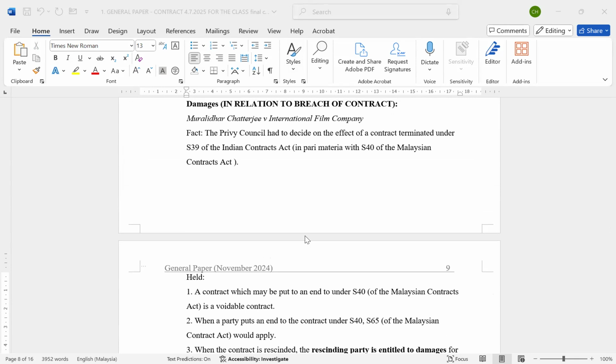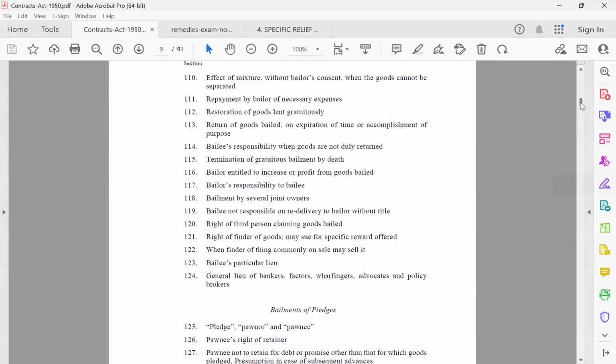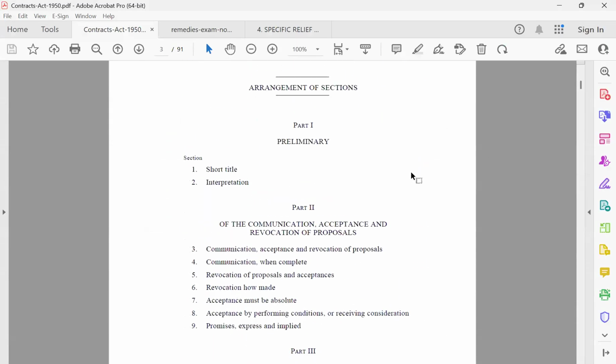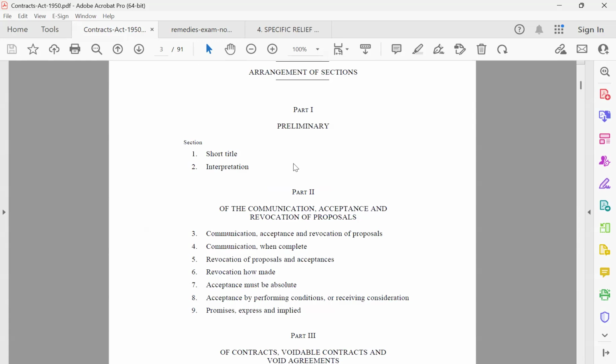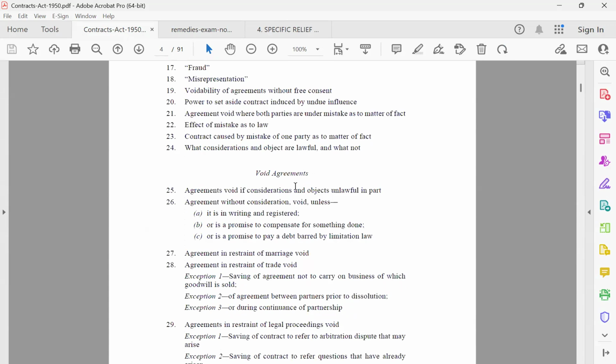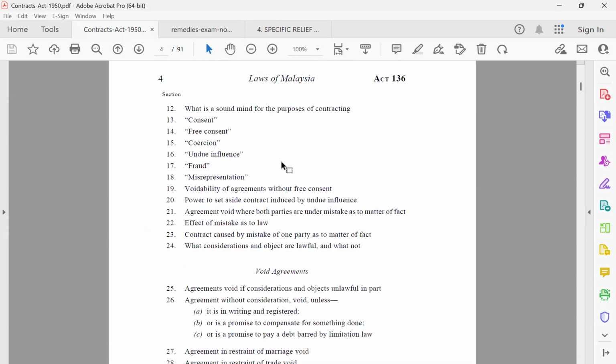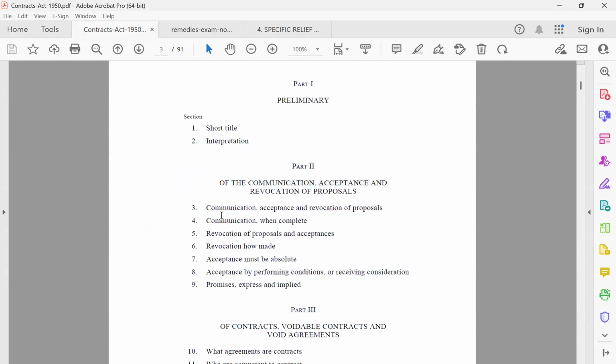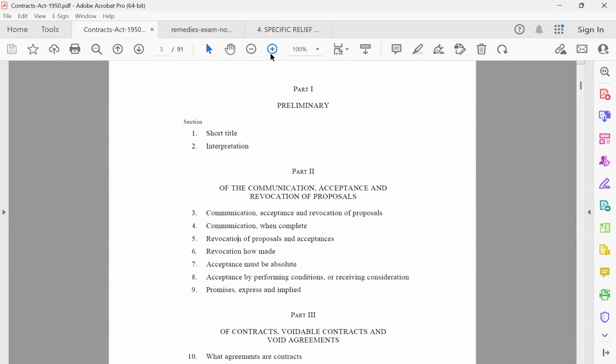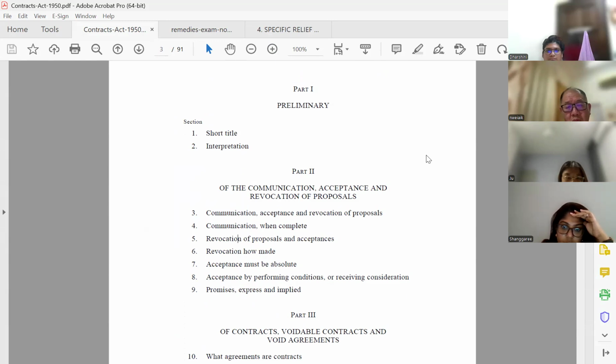If you digest your Contracts Act, let me share the Contracts Act. If you look at the important sections, see, it is divided into parts, isn't it? The drafter, the person that drafted this contract law, will let you know first the way you enter into a contract, how you deal with people, how people accept your deal, and how you convey the terms of the contract to the other parties.